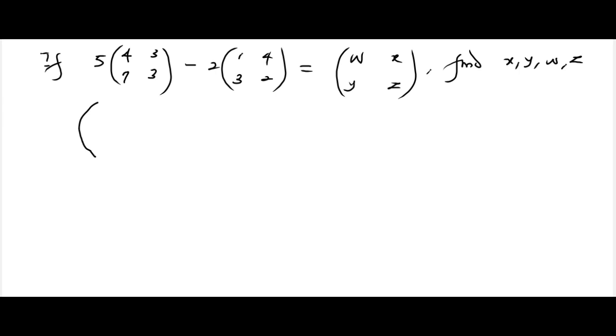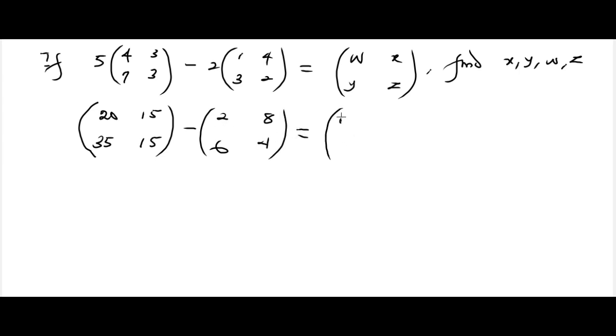So let's start with this one. 5 times 4, we have 20. 5 times 3, we have 15. 5 times 7, we have 35. 5 times 3, we have 15. Minus 2 times 1, we have 2. 2 times 4, we have 8. 2 times 3, 6. And 2 times 2, 4. Equals the unknowns given to us.